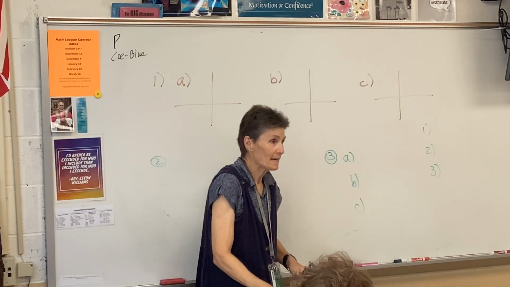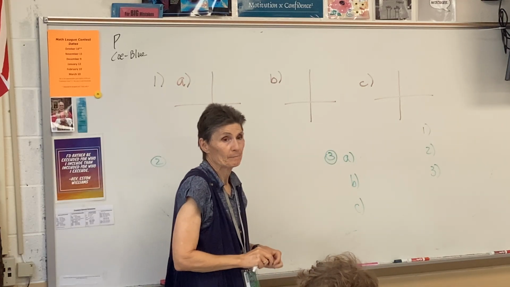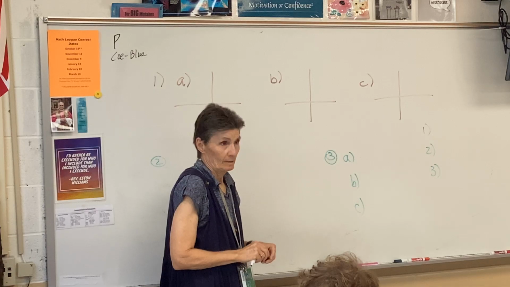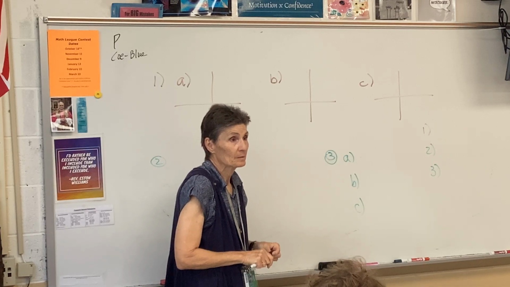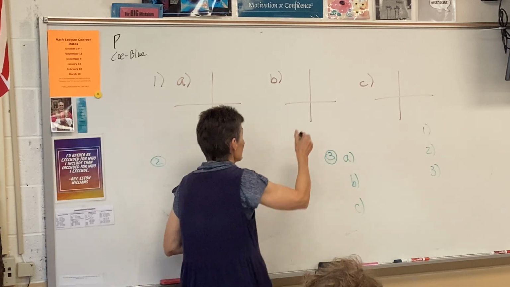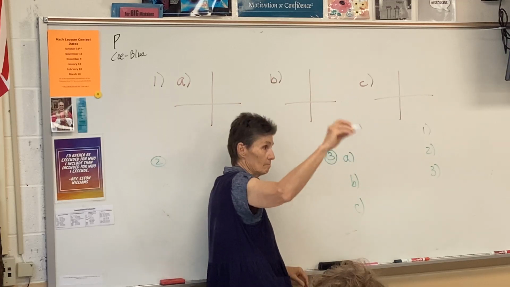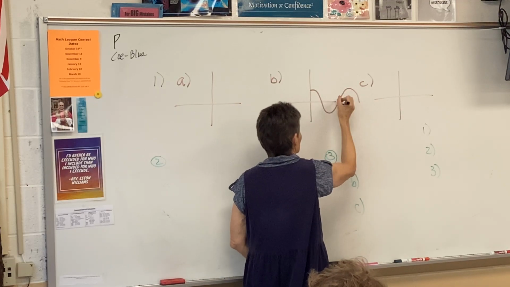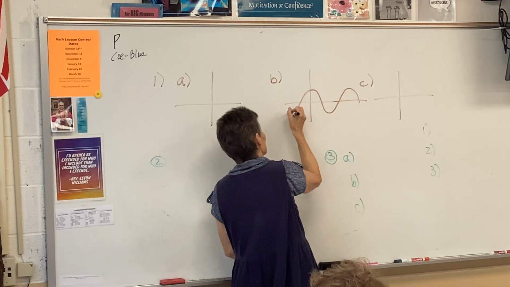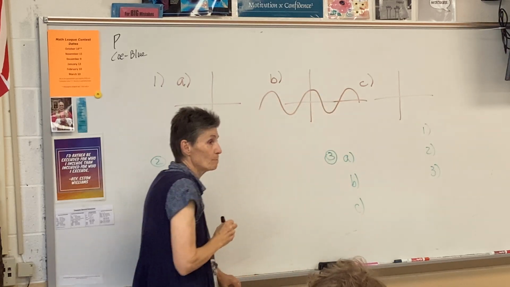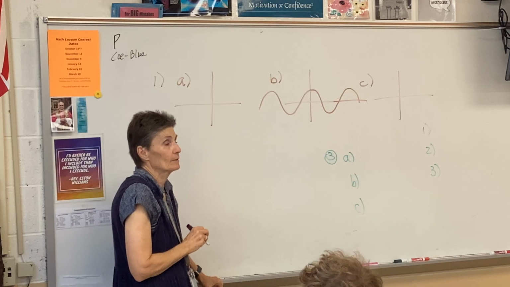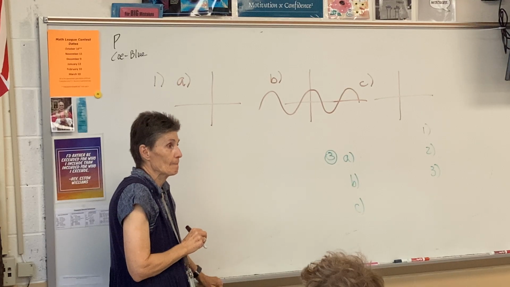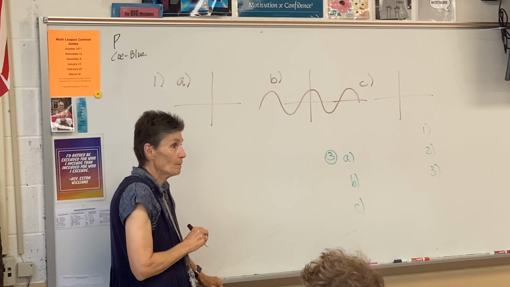Anybody able to draw any of those without looking? Levi? Like B, like start at 1 and you go down. Yep, B is your cosine, that's your baby, and it starts up here because it's a cosine. So there it is, that's your cosine. Emma?